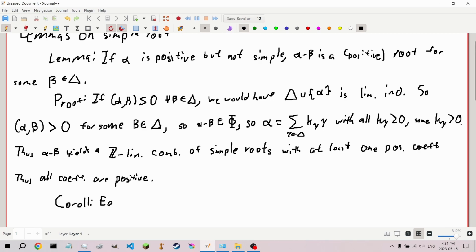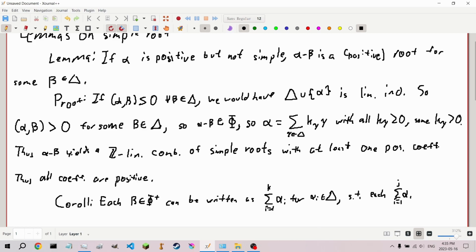The corollary is that each beta in the set of positive roots can be written as the sum from i equals 1 to k of alpha i, for alpha i in our basis, not necessarily distinct, such that each partial sum, the sum from i equals 1 to j of alpha i, is a root.